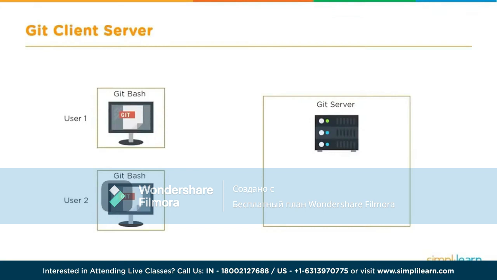What does it take for a couple of users to collaborate and start working with Git? The bare minimal thing that any user would need in order to start working with Git is something called Git Bash or the Git client. This comes as an installer for all popular operating systems like Windows, all flavors of Windows, Linux, macOS, and other operating systems.